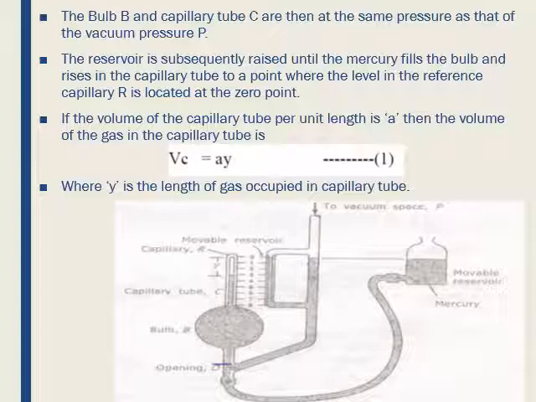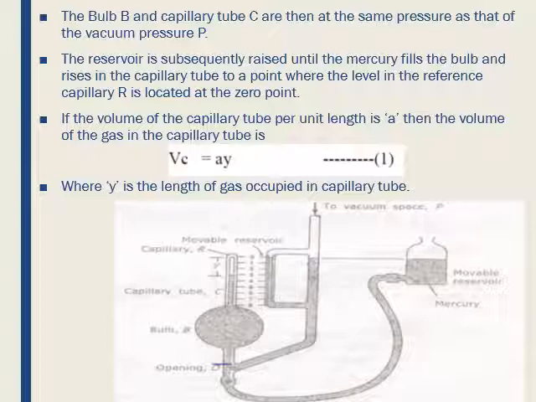The capillary tube and bulb are then at the same pressure as that of the vacuum pressure P. The reservoir is subsequently raised until mercury fills the bulb and rises in the capillary tube to a point where the level in the reference capillary R is located at the 0 point. If the volume of the capillary tube per unit length is A, then the volume of the gas in the capillary tube is given by Vc is equal to AY.